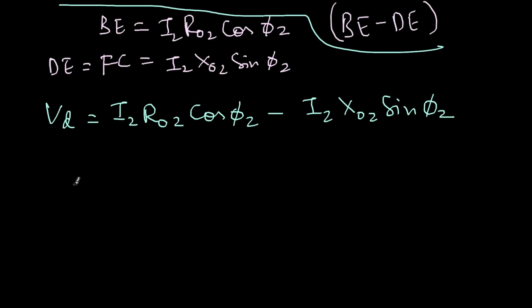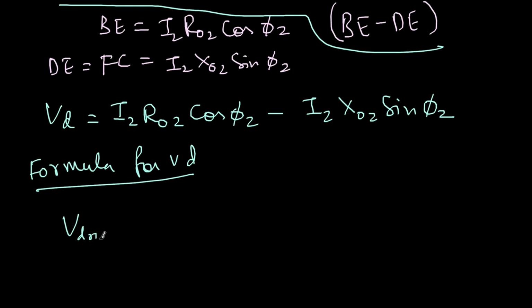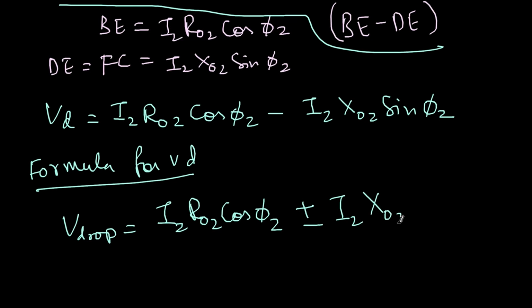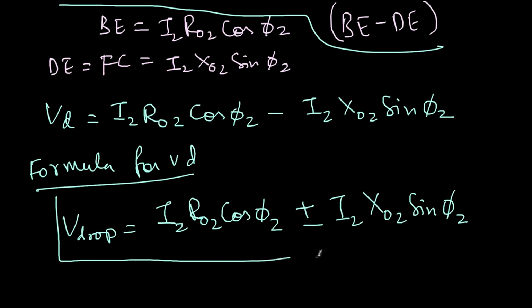So therefore the final formula for voltage drop is like this. Voltage drop equal to I2 R naught 2 cos of phi 2 plus or minus I2 X naught 2 sine of phi 2. This is my voltage drop.